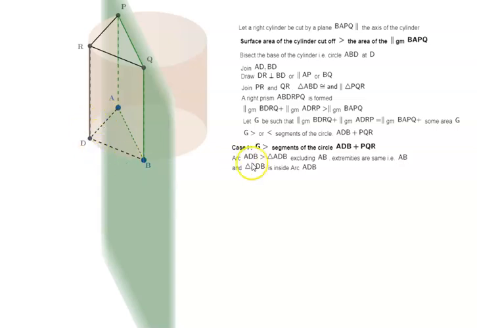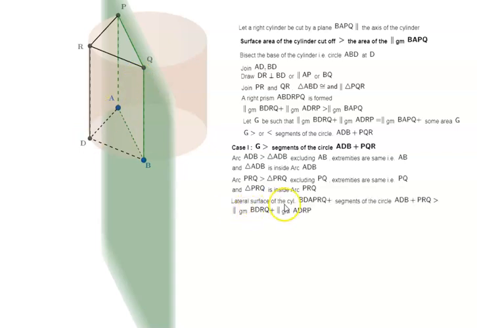So because of which we can say arc ADB is greater than triangle ADB. Now arc PRQ is greater than the triangle PRQ, excluding PQ. Why? Because again, extremities are same and the triangle is inside the arc.